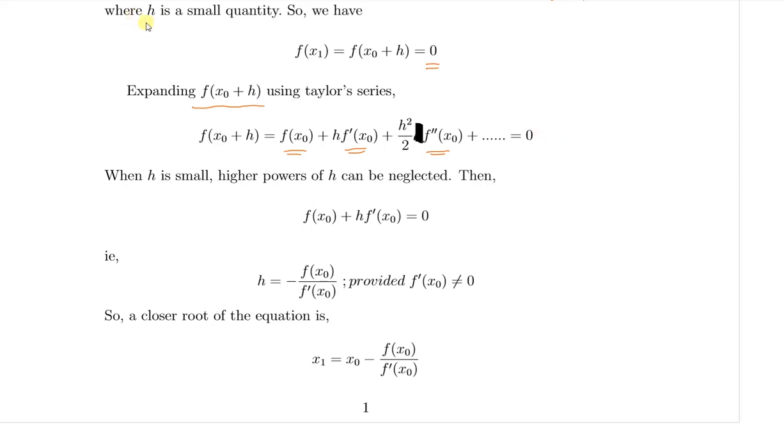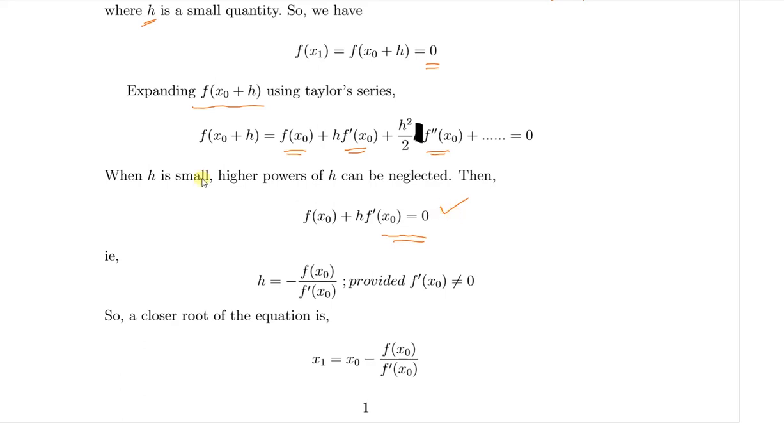But we have chosen an h which is a very small quantity. So if you take h squared, h cubed, etc., the value will be still smaller. So we can neglect the higher powers of h. This equation can be approximated as f of x0 plus h into f dash of x0 equal to 0.